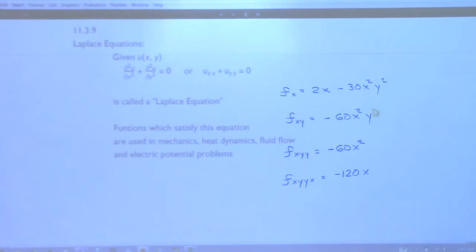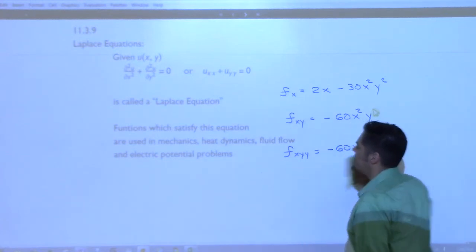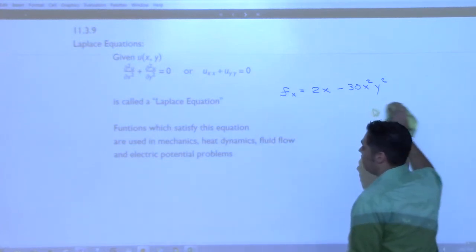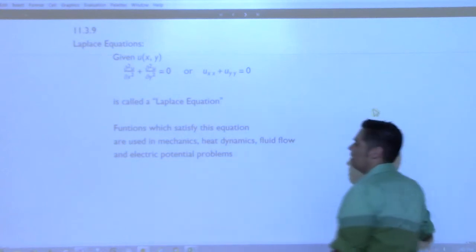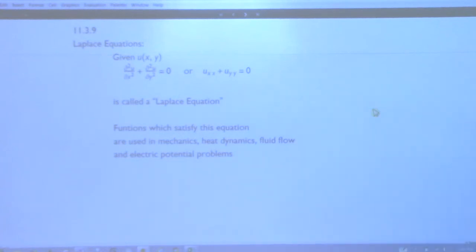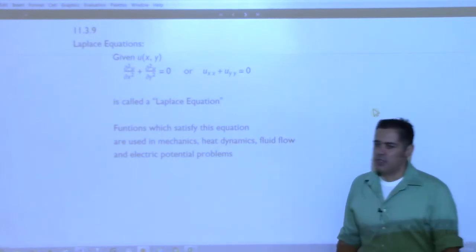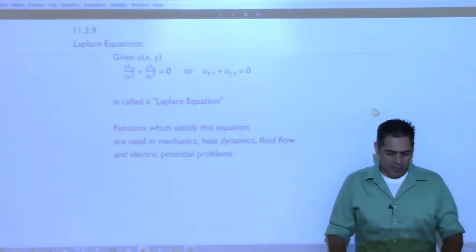All right, Laplace equations are something that comes up in engineering, mechanics, heat dynamics, fluid flow, electric potential problems, these things called Laplace equations. And basically a Laplace equation is just an equation.